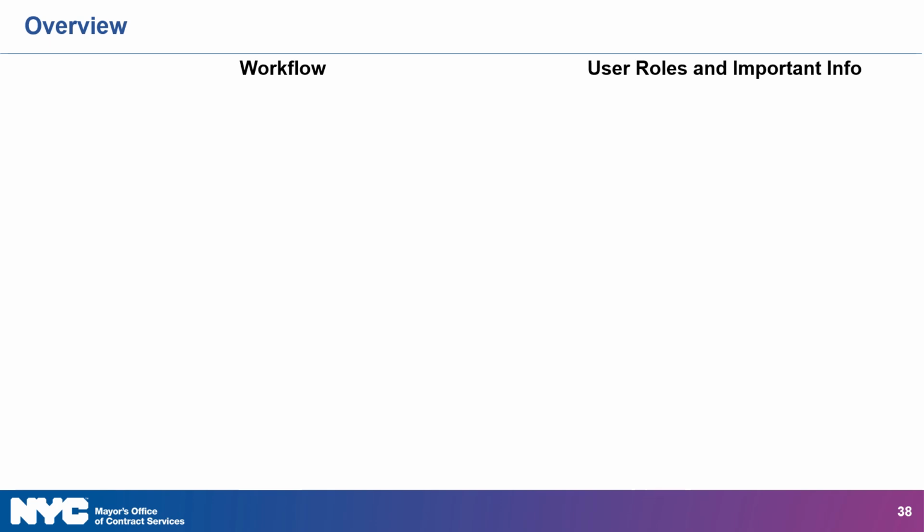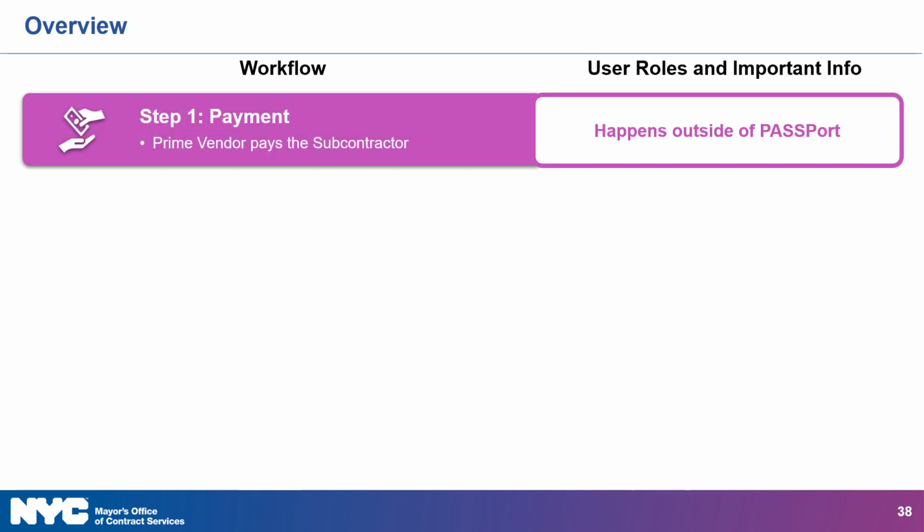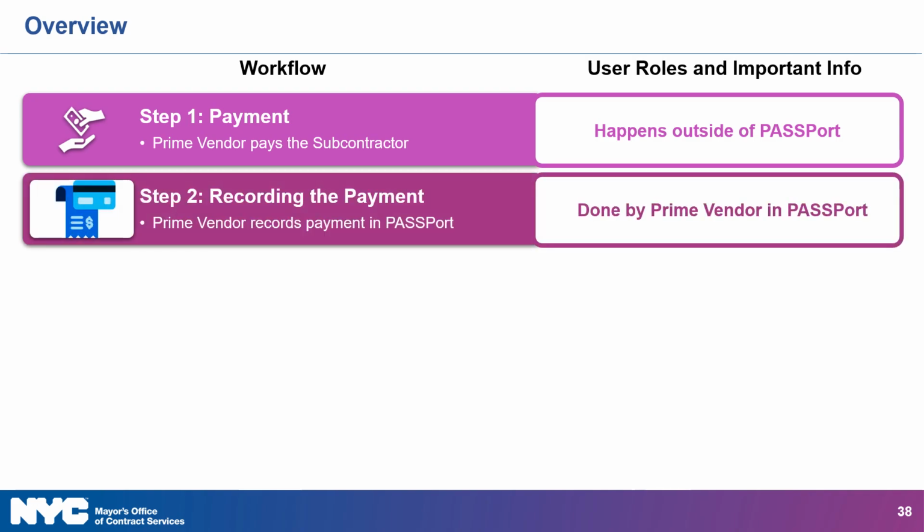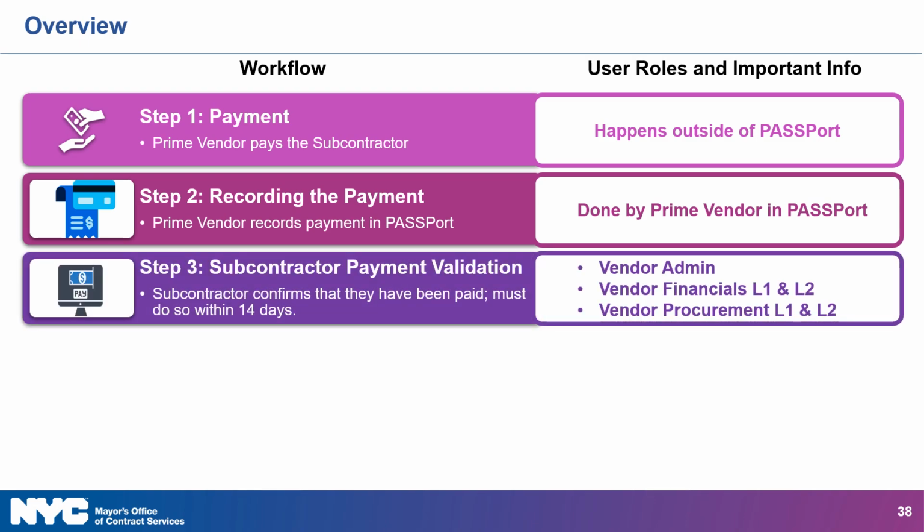Here's an overview of how it works and the user roles that are involved. The process begins when the prime vendor pays the subcontractor. Remember, this does not happen within Passport. So after that, the prime vendor must record this payment in Passport. Next, the subcontractor, that's you, confirm that payment. The subcontractor's vendor admin, vendor financials level 2, and vendor procurement level 2 users can complete this step.